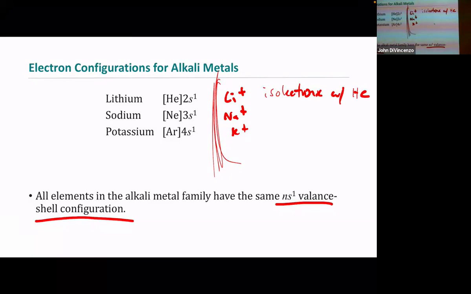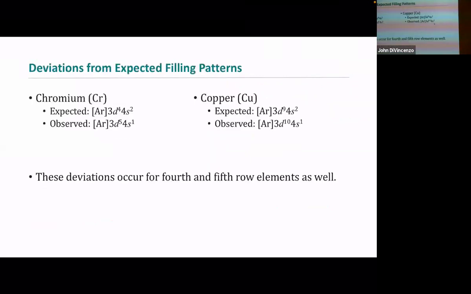That means it has the same electron configuration, which is just 1s2 for helium. And sodium is isoelectronic with neon. Sodium has how many electrons? And if it loses 1, it therefore has 10. And neon has how many electrons? 10, so they have the same electron configuration. So it's going to be isoelectronic with whatever your condensed form or previous noble gas is.